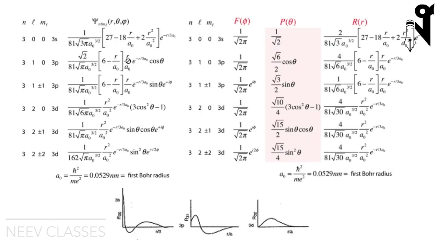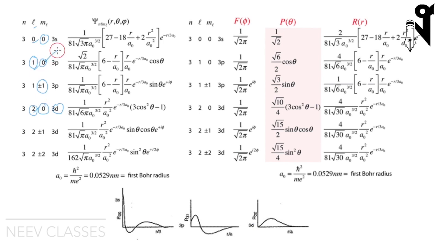Let us see the third shell also. The third shell has l from 0, 1 till 2. l equal to 0 will have only 1 m. l equal to 1 will have 3 m's: 0, -1 and +1. l equal to 2, which means d, will have 5 m's: m0, and then from -2 to +2.